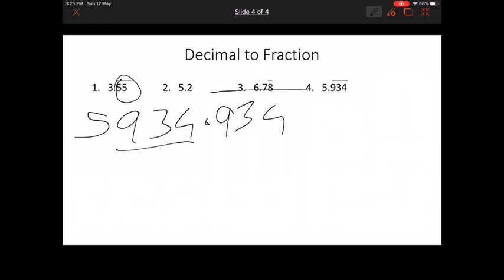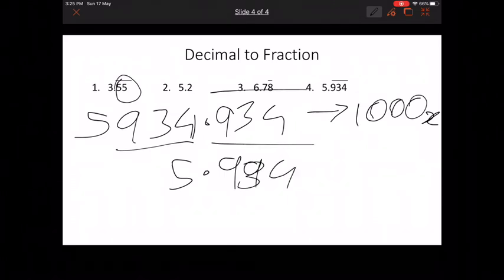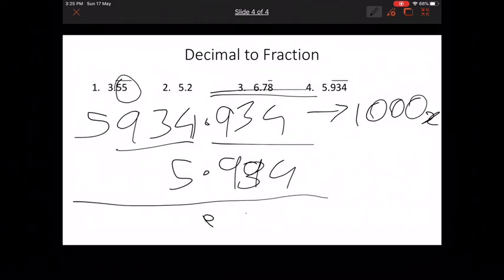You notice that I took 934 outside the decimal, which would be 1000x, and we have to subtract it from 934. In short, we just have to make sure that the barred number, like 934 in this case, gets subtracted from the original number.